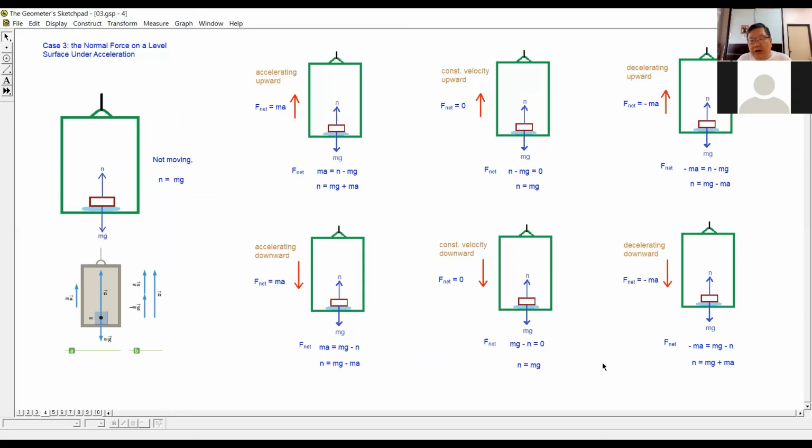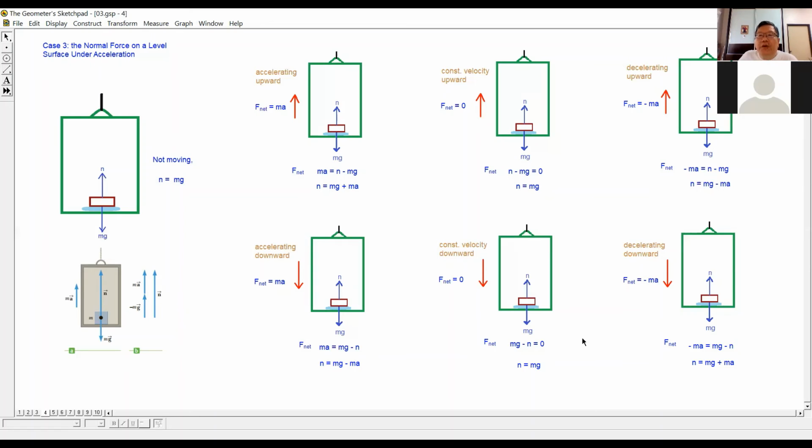The reason is because the net force is zero. So when the net force is zero, the weight and the normal reaction are both equal. Any questions so far? No.